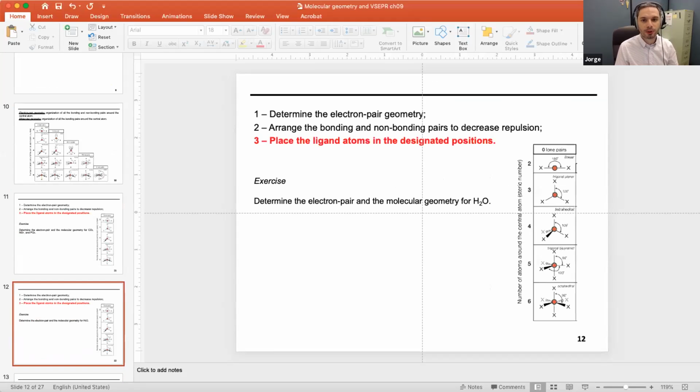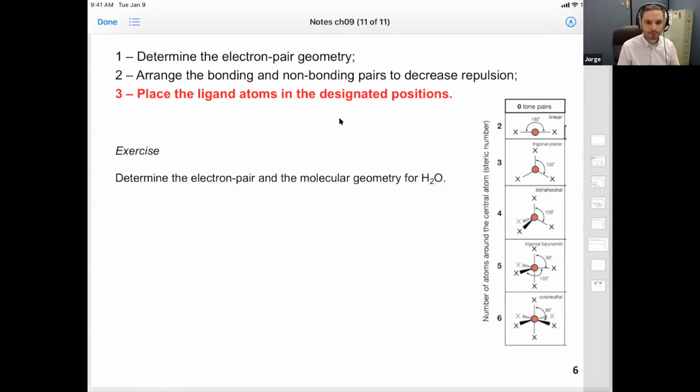So let me switch really quick here to my other screen. Okay, so we will do water and ammonia. Ammonia is NH3. So let's start here with water.